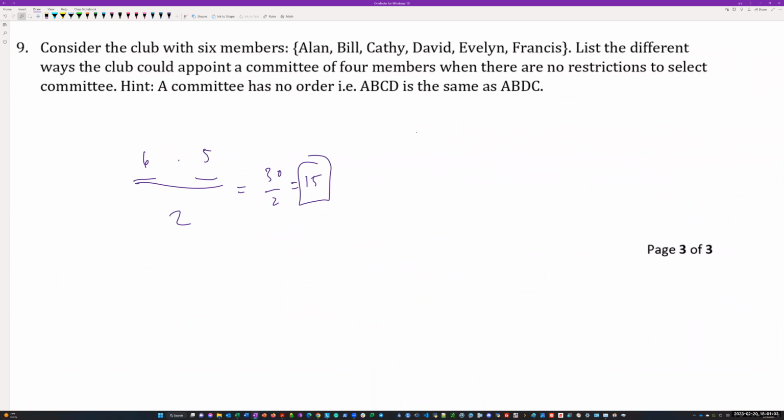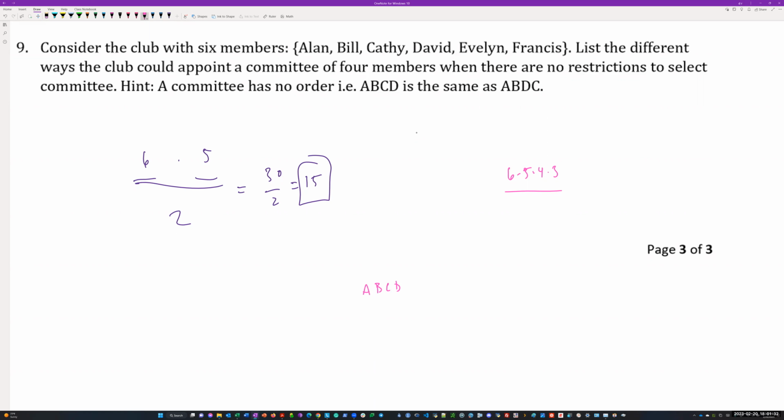Now, the other way I could do this is I could say, let's actually count the 4 people. All right. So if we actually count the 4 people, there would be 6 times 5 times 4 times 3 ways to count the 4 people. Is that correct? Is that right? But now every time I count 4 people, so let's say I count A, B, C, D, right? I'm letting there be all different combinations of that.